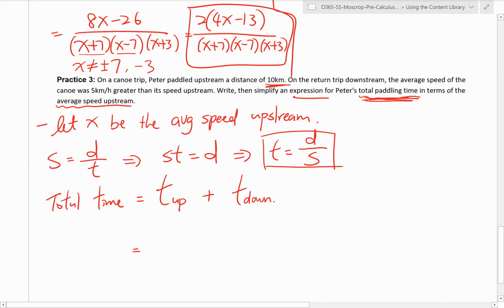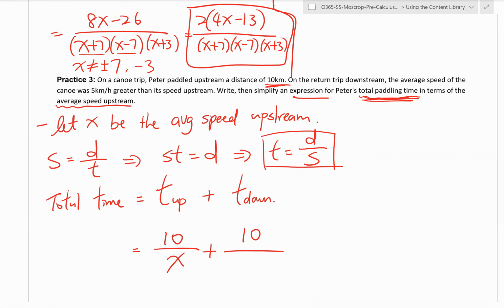So time going up is going to be the distance going up, which is 10 kilometers, divided by the speed going up. And we just said that x is the speed going upstream, so 10 over x, plus the distance going down the stream is still the 10, right? I mean, it doesn't matter if you're going up and down. If you go up by 10, that means you're on the way back down. It's also 10 kilometers.